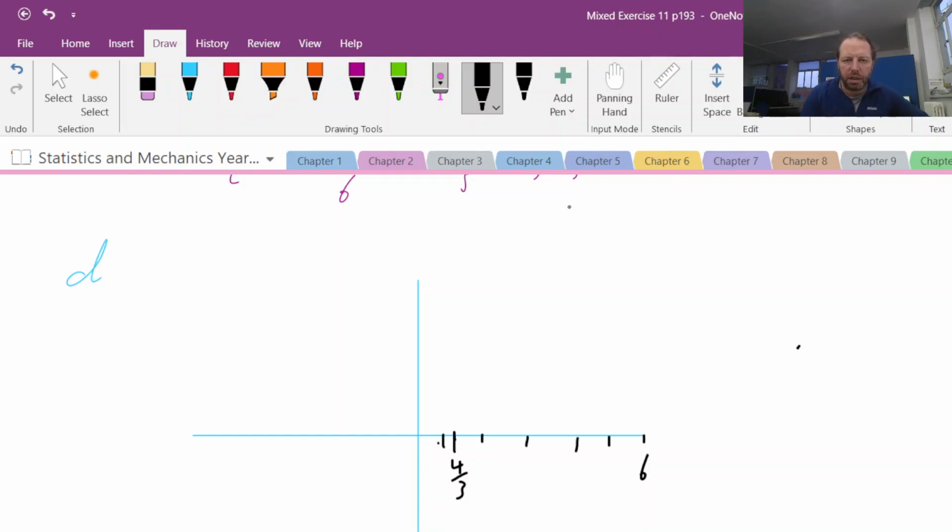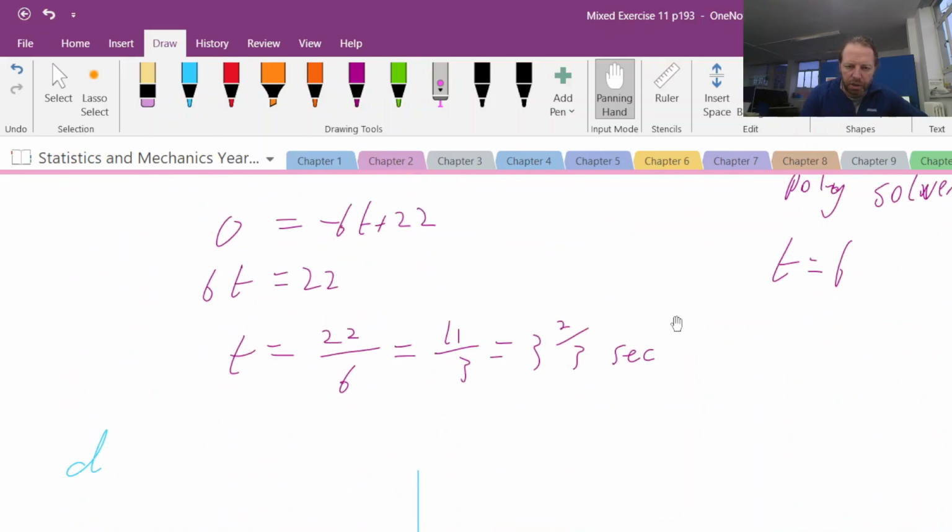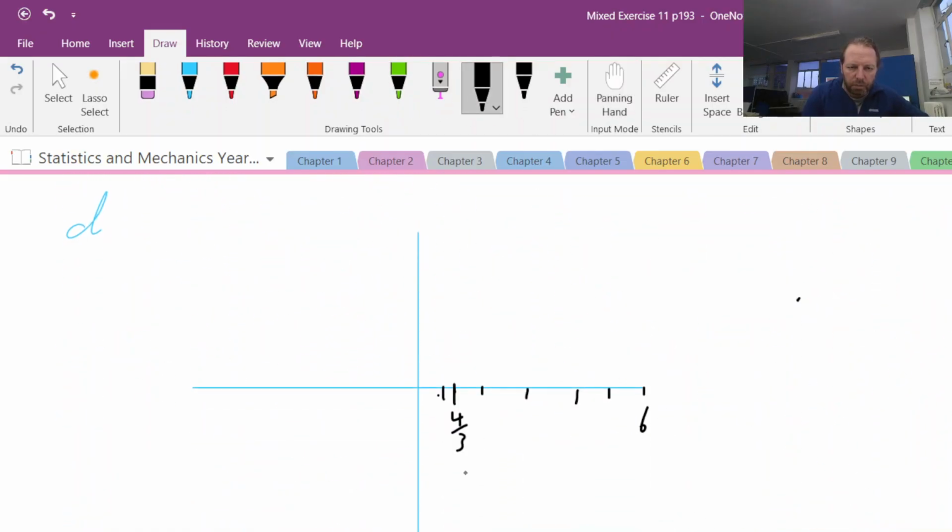And I also know it's coming through here at minus 24. So minus 24. This is going to be t. This is going to be v.